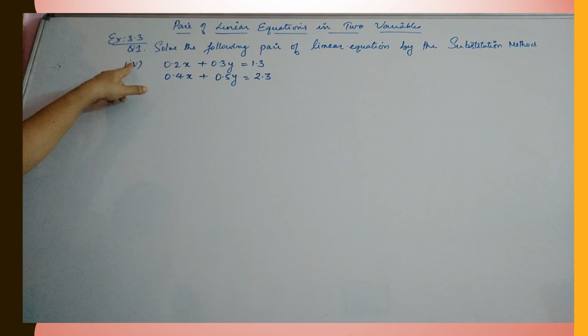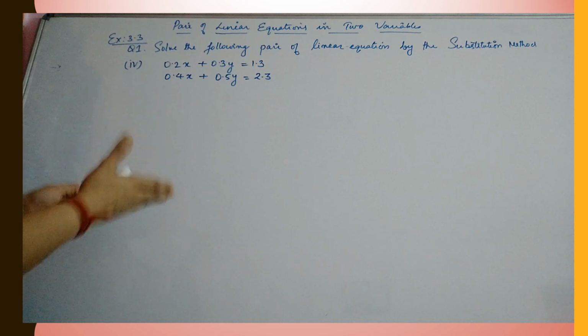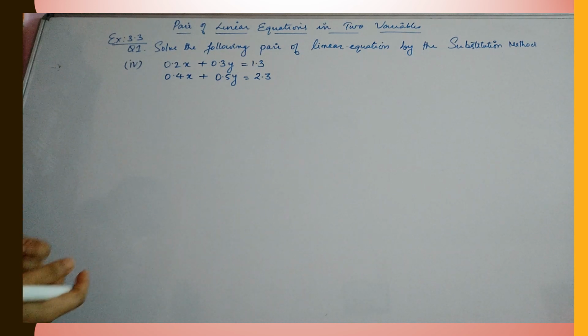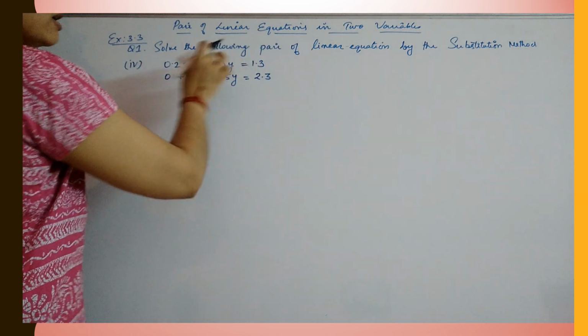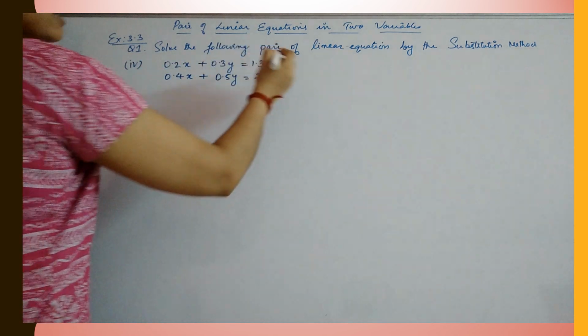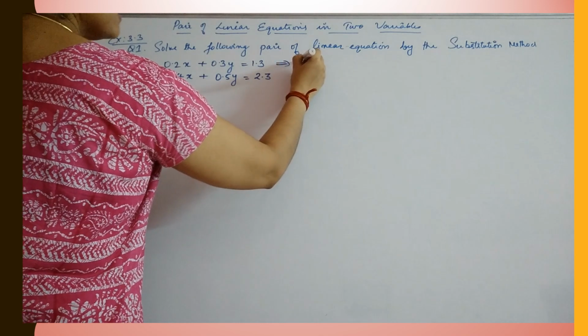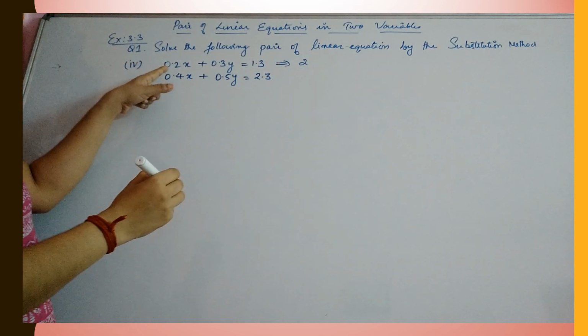Question number 1 and subdivision 4 is 0.2x plus 0.3y is equal to 1.3 and 0.4x plus 0.5y is equal to 2.3. Now simplifying like this itself is a tiring process. So what we will do is shorten the method by rewriting this statement. 0.2 is the same as 2 by 10.